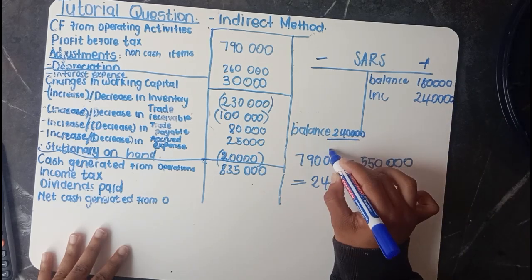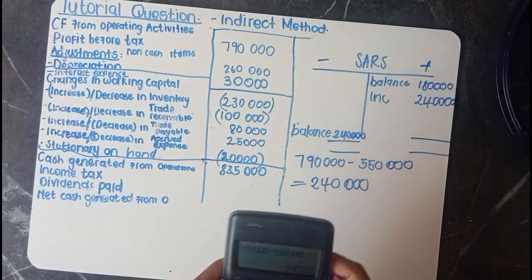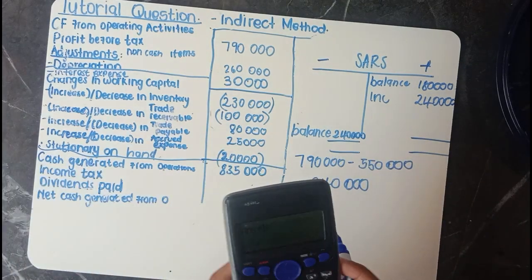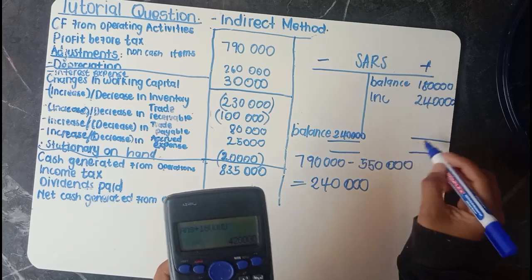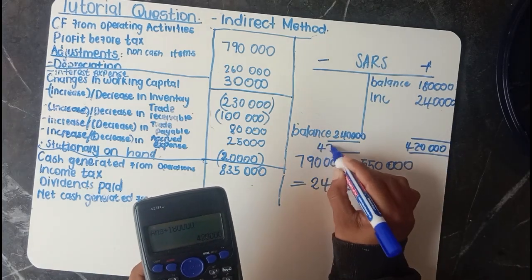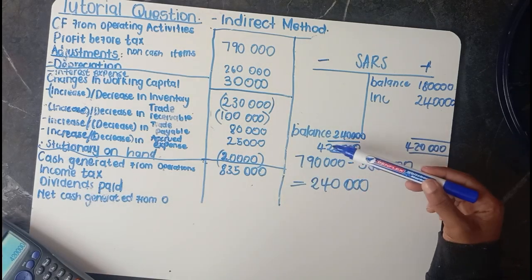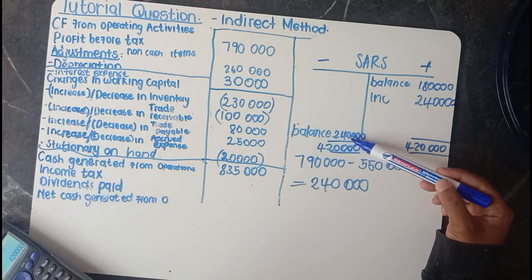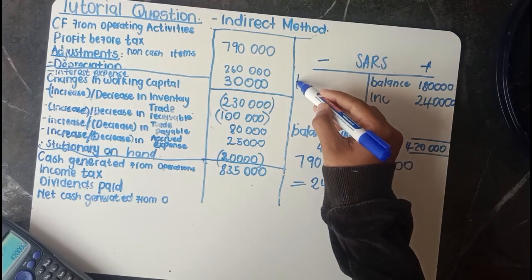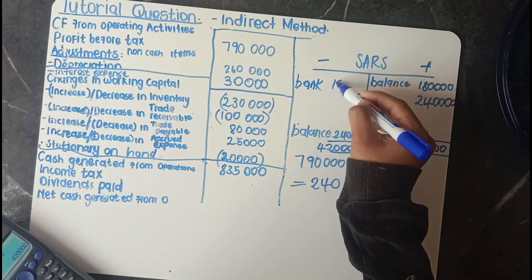You're going to balance both your sides, and you're going to have 420,000. So you're going to have 420,000 minus this 240, and then you're going to have your bank account amount, which is 180.